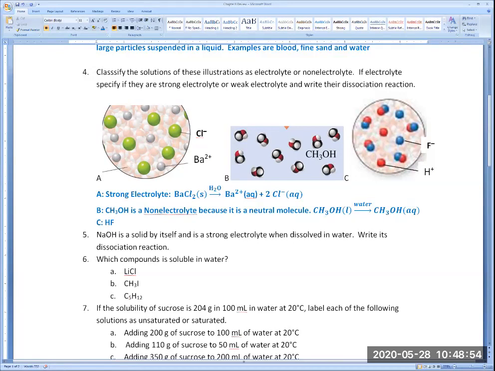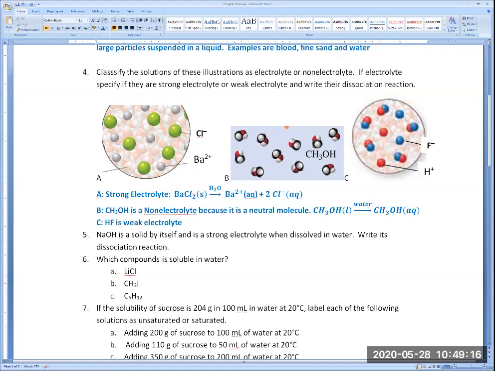So can you tell me, is HF able to conduct electricity? Yes or no? Yes, it is an electrolyte, but it is what we call a weak electrolyte because it has some ions.